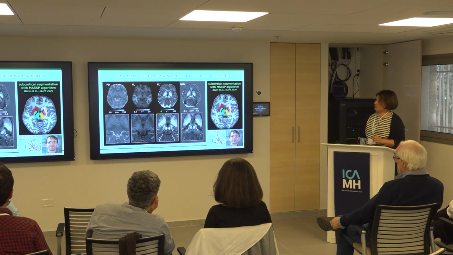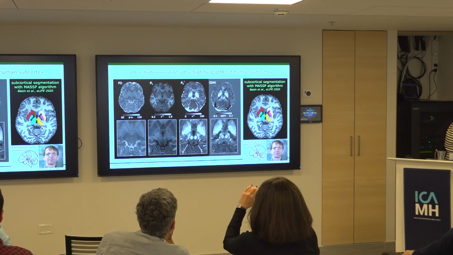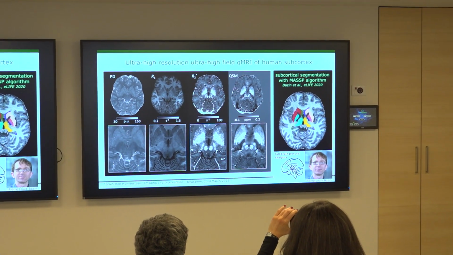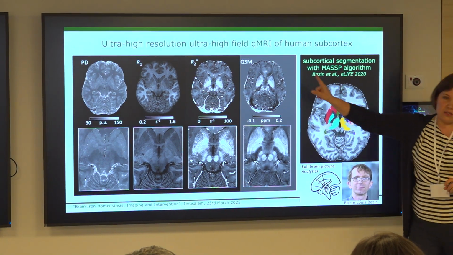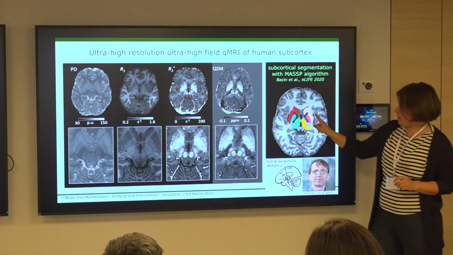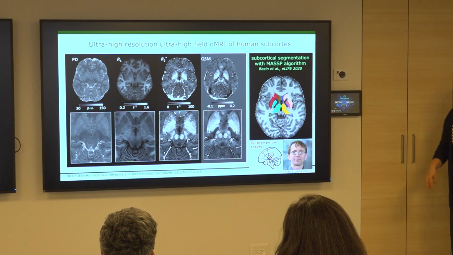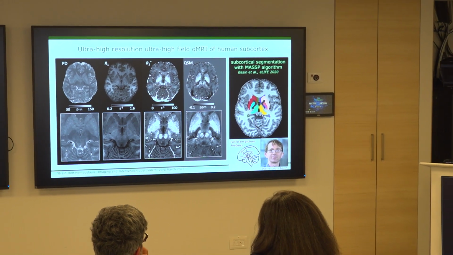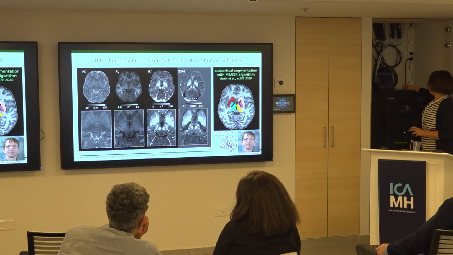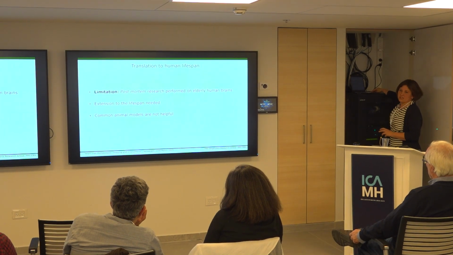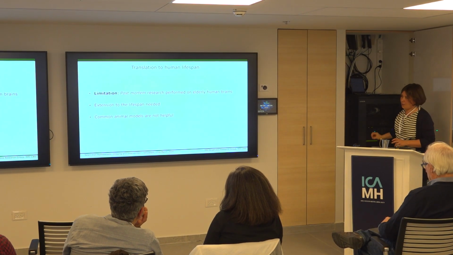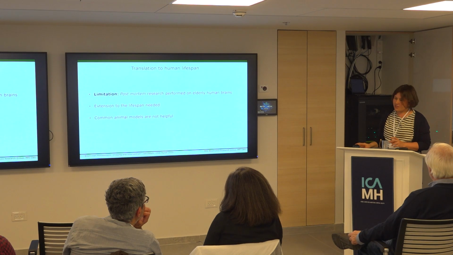It's a multiparametric automated segmentation of subcortical regions developed by Pierre Bazin in Amsterdam. It takes multiparametric data and automatically segments your region, so you can look at regional effects much more precisely.